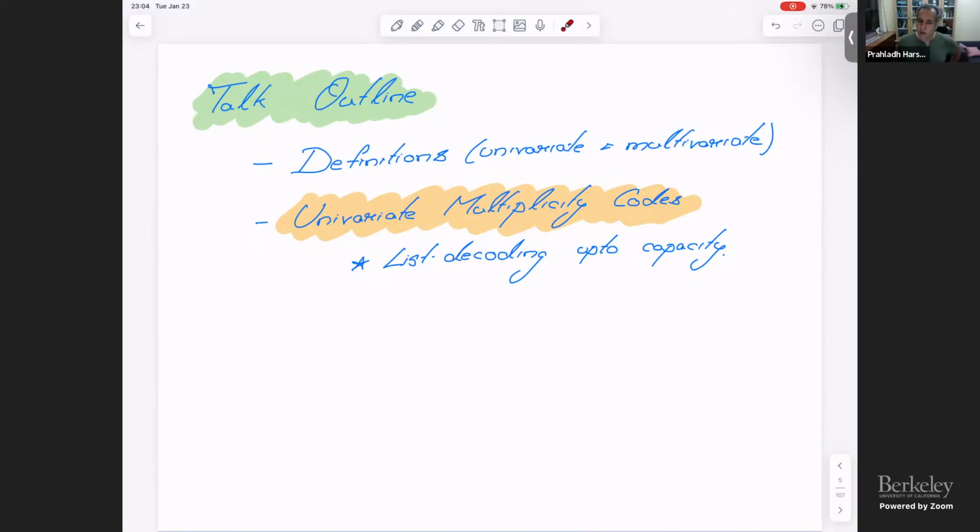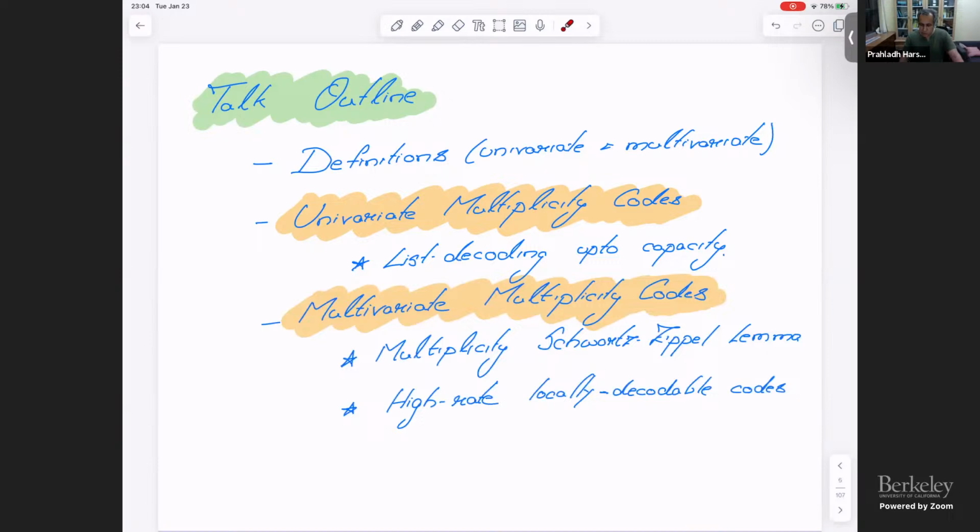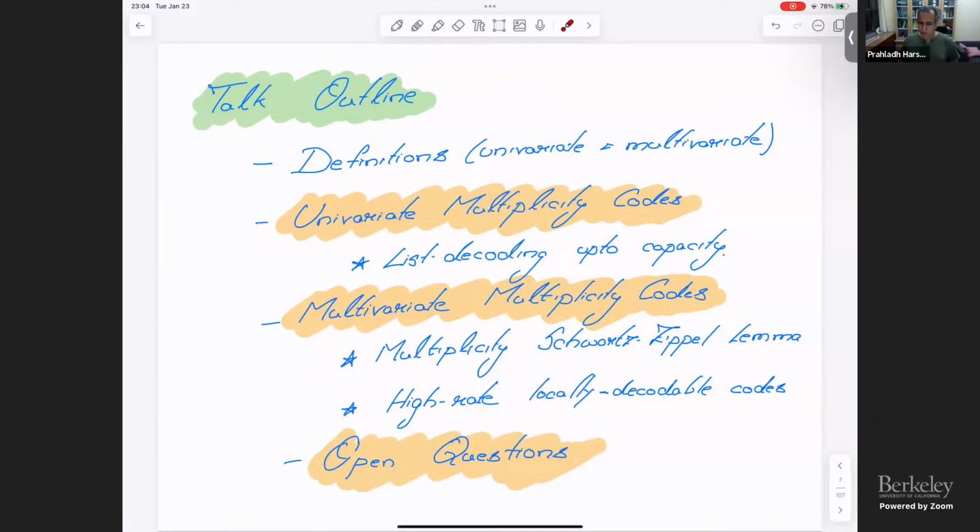Another family for which we know we can list decode algorithmically up to capacity are the univariate multiplicity codes. We will then see the multivariate multiplicity codes. Particularly, while trying to analyze them, we'll also see the multiplicity Schwarz-Zippel lemma, and then see an application of them towards high-rate locally decodable codes. And at the very end, I will talk about various open questions related to multiplicity codes.